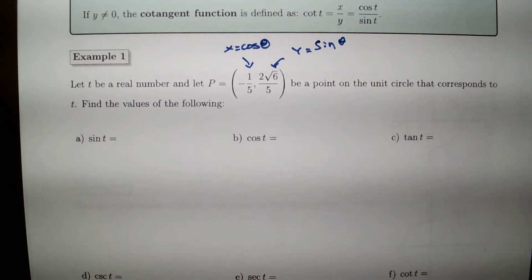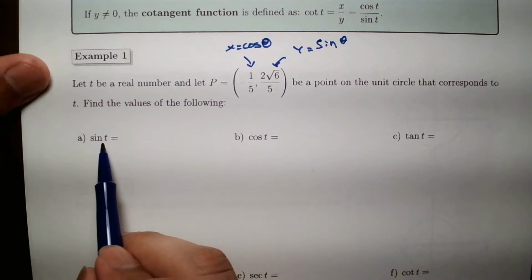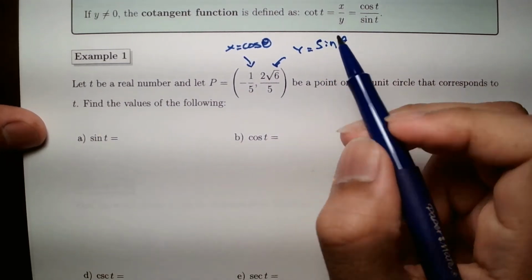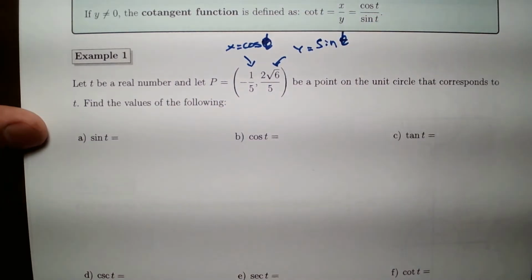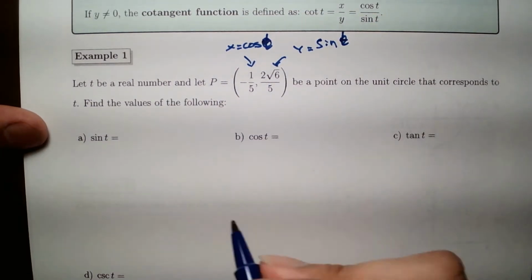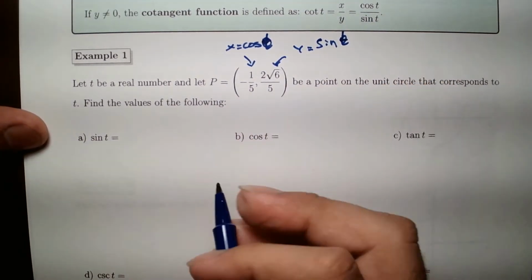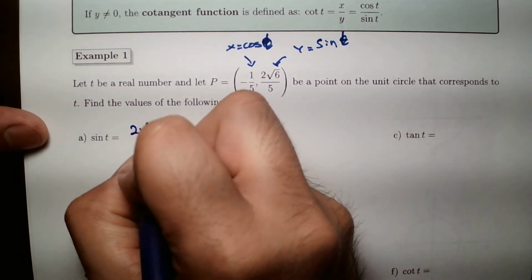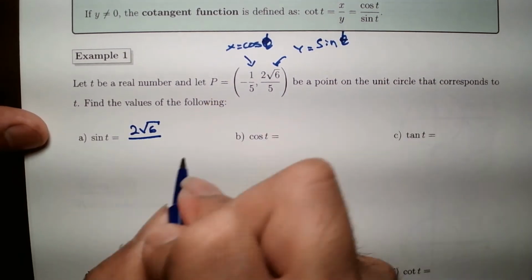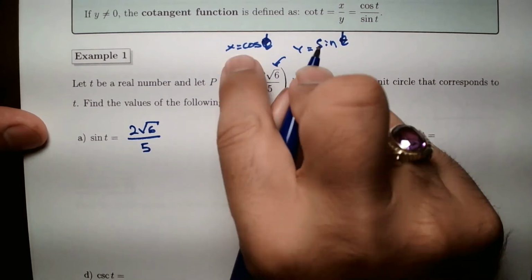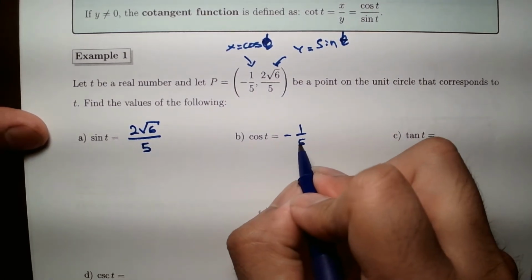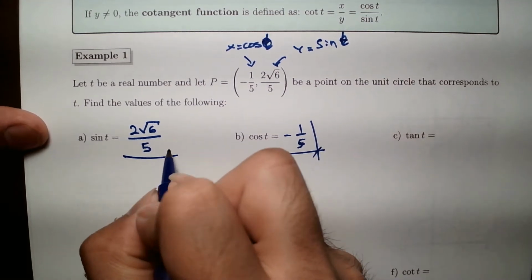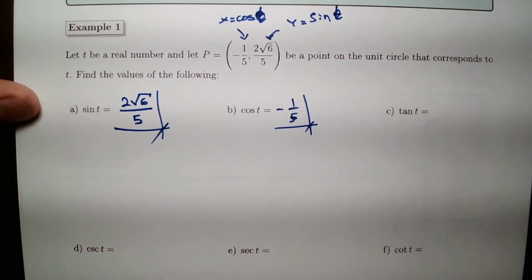So let's find the values of the following. Sine of t is only the y component, 2 root 6 over 5, and cosine of t is simply the x component. So we don't really have to do any calculations, just state the values.